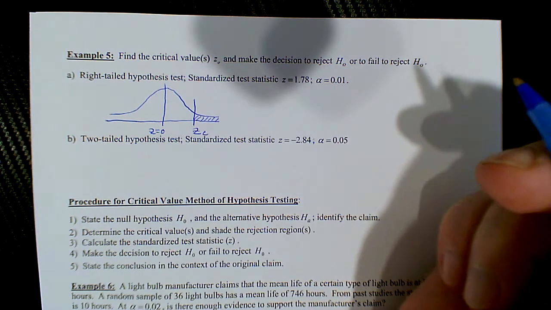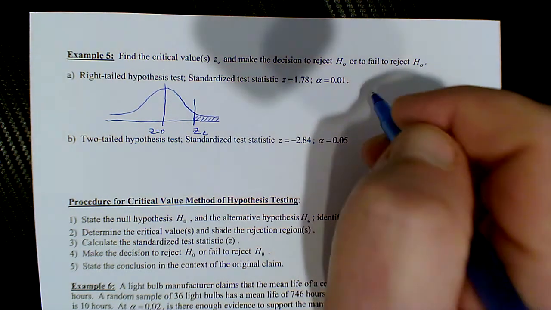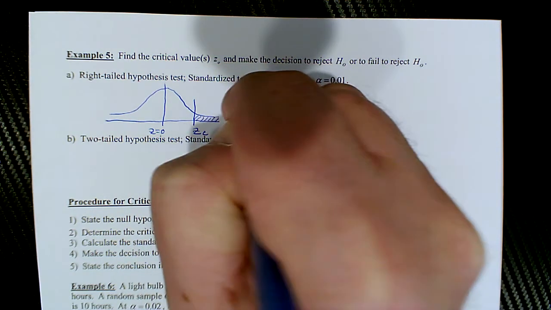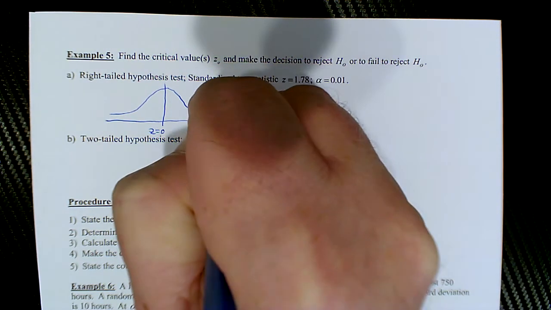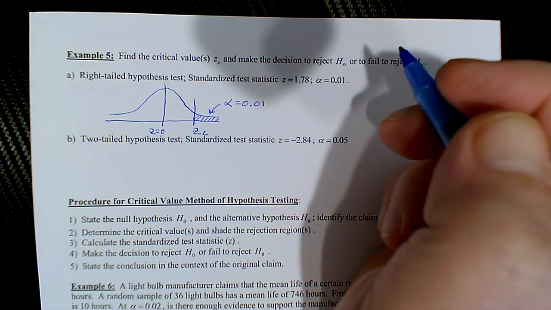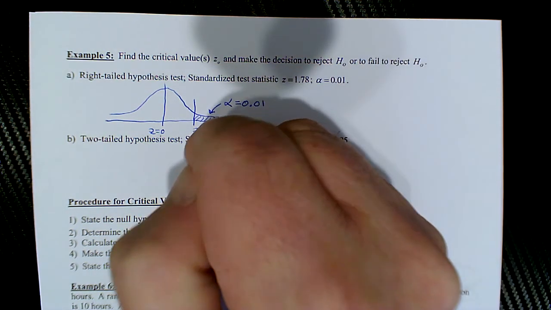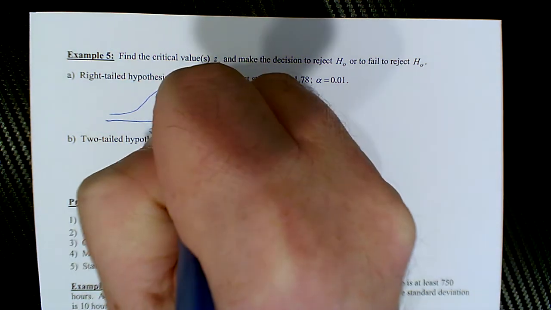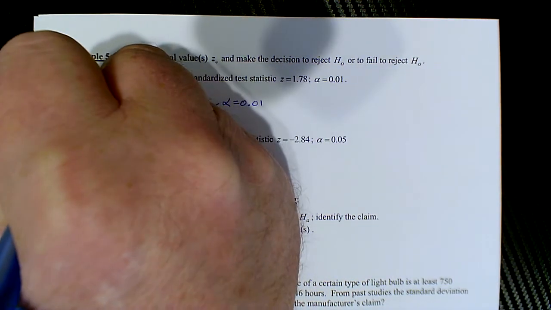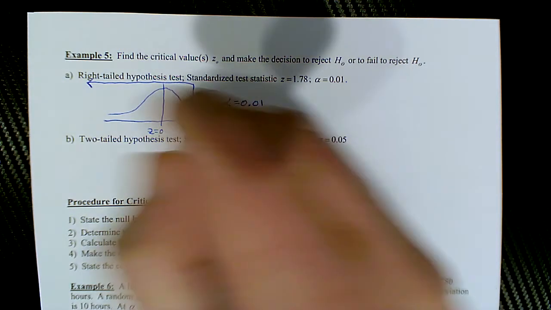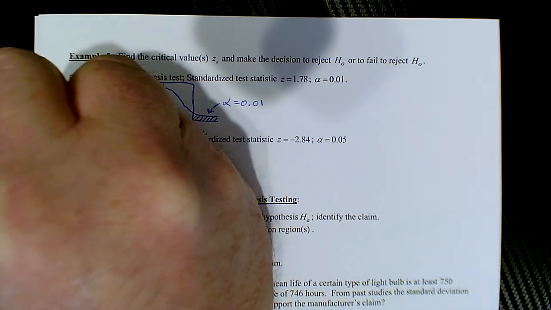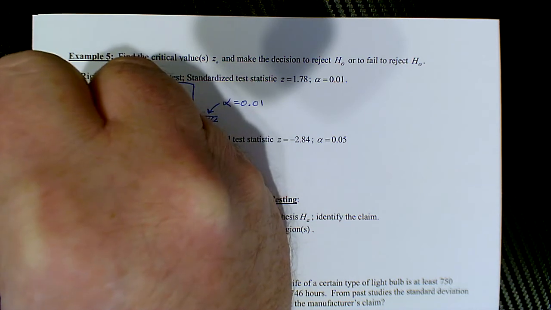Now, the level of significance alpha was given to be 0.01, and that's the area in the tail or the tails. But to find this z-score, we need this left cumulative area, and that's the complement. So we calculate 1 minus alpha. So we calculate 1 minus 0.01, and we get 0.99.